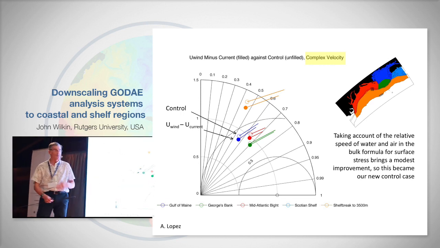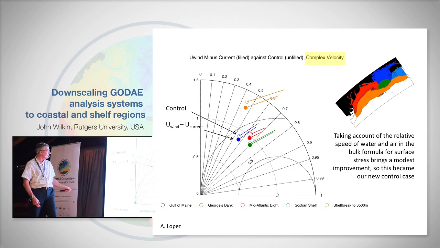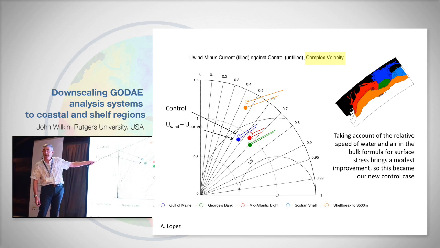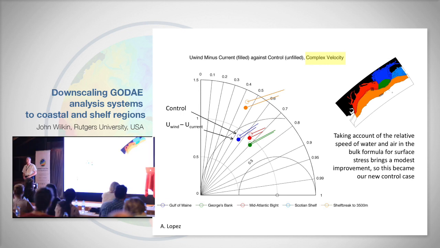So if you modify the bulk formula to take account of that, you see an improvement. The open circles are our control case, and in every region we move closer a little bit, but we improve things. So we've done this sort of skill assessment of our free running model and decided, okay, we're going to make that change to the control case.